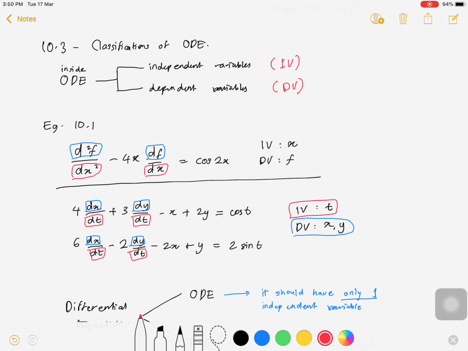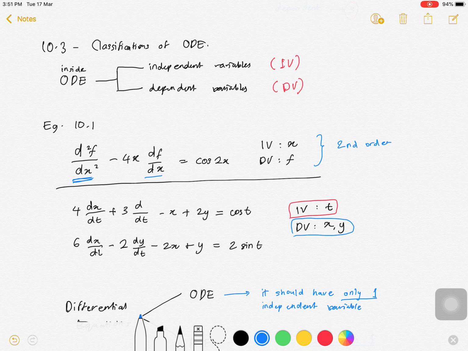Now from these equations, may I erase this color so that you can see clearly. For the first equation, this is the second order. Why? Because we look at the highest order of derivative. In this equation, this is the highest order, so it is 2.